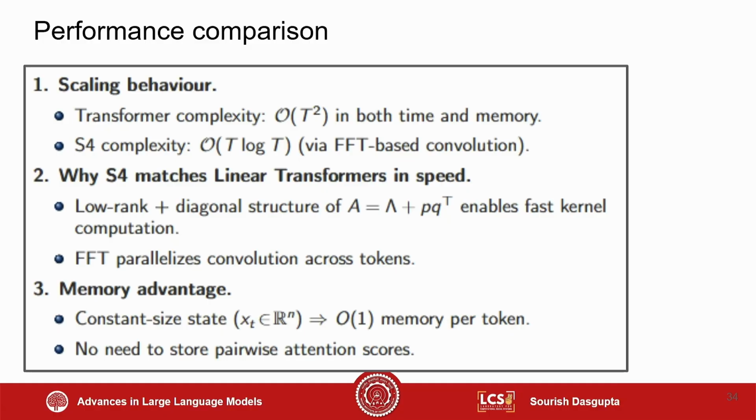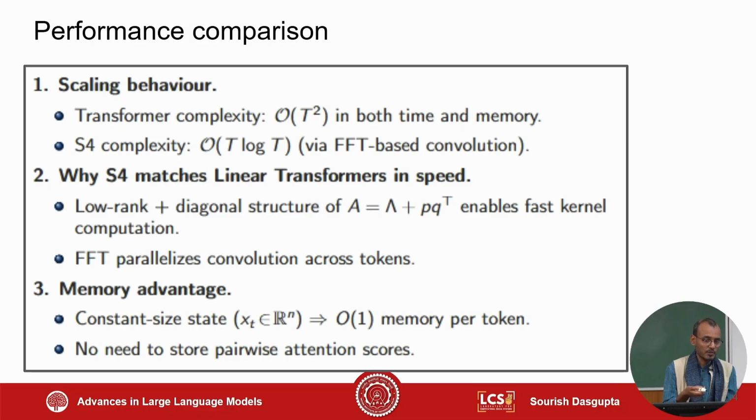So the insight is that, in terms of the scaling behavior, it's much better than the transformer complexity. It matches linear transformers in speed, and the memory advantage. It also has a constant size state, because the A is time invariant, right? So it scores on that.